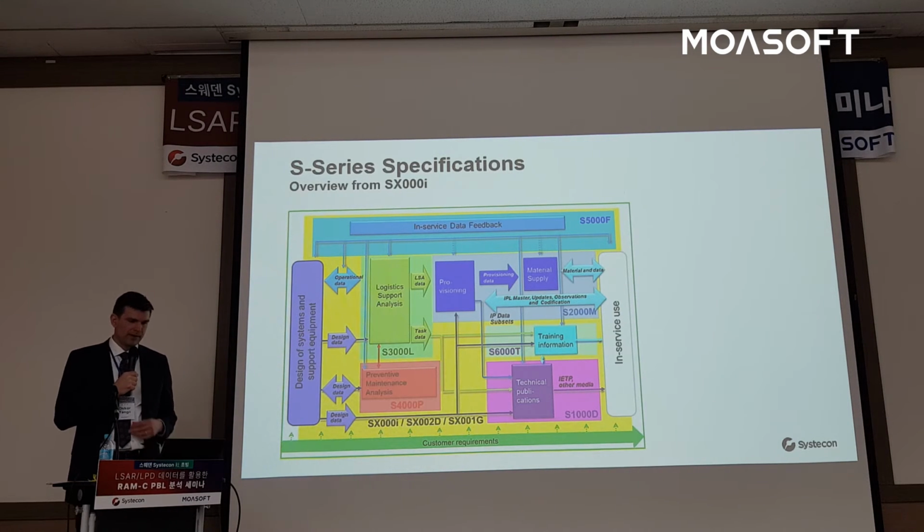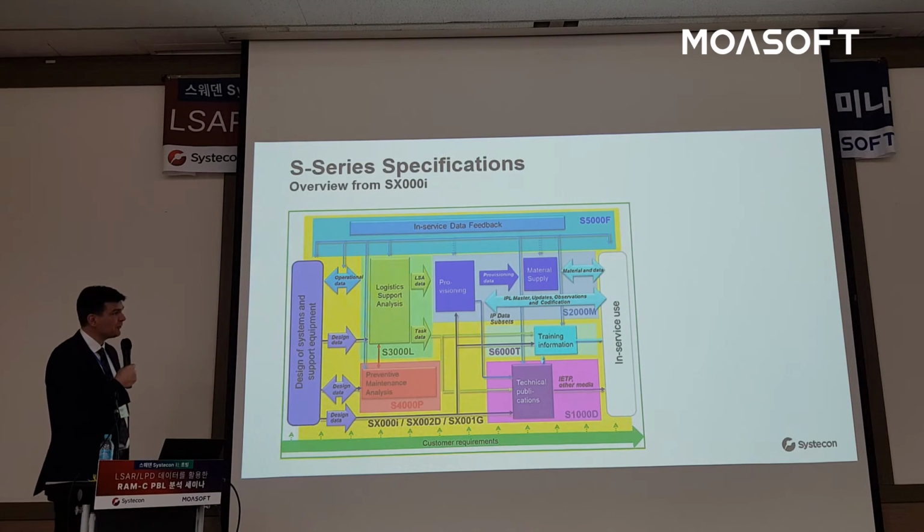Here's another example, actually this is just an illustration of that again, that this chart shows all the different parts of the S-series. So here we have the S3000L and S4000P and so on, and it defines the interfaces between those different standards.